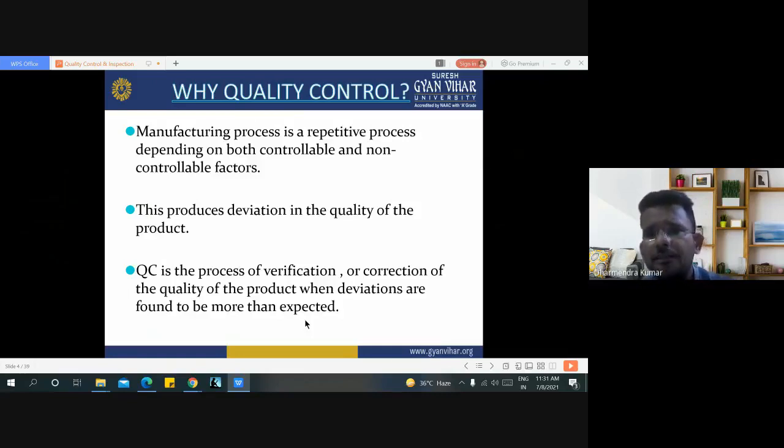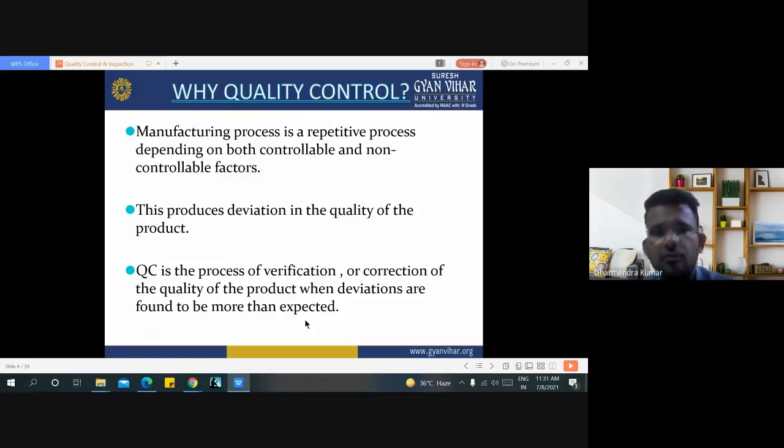Here the controllable factors mean to assign a skilled labor, to assign appropriate machine for appropriate machining, and the non-controllable factors are such as idling of machine due to the failure of any component, or due to the lack of raw material, or due to the lack of any resources like water or electricity.